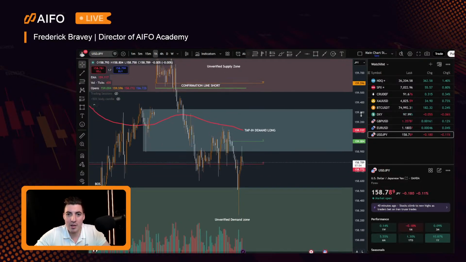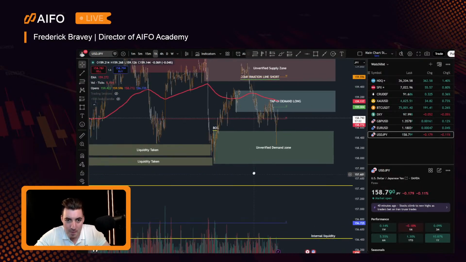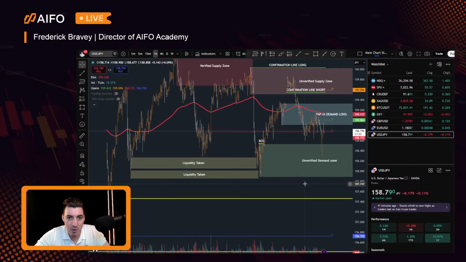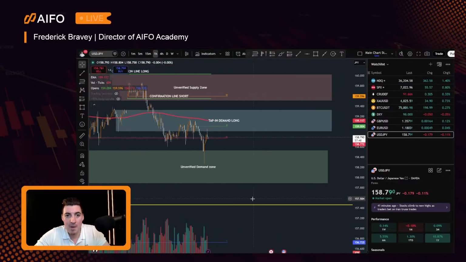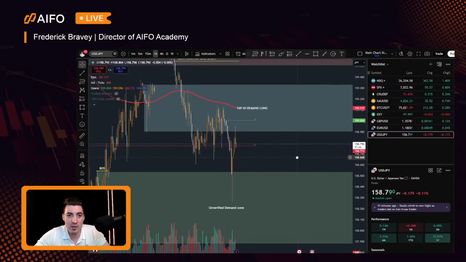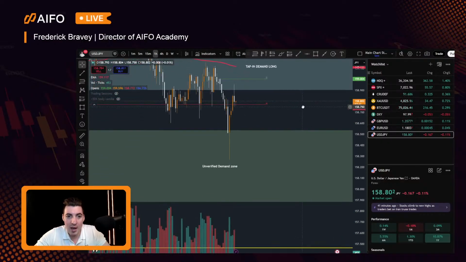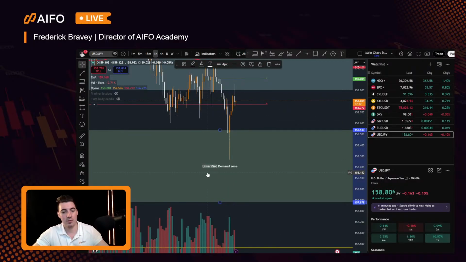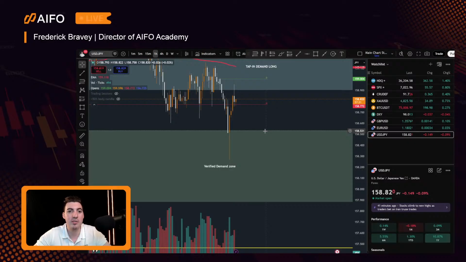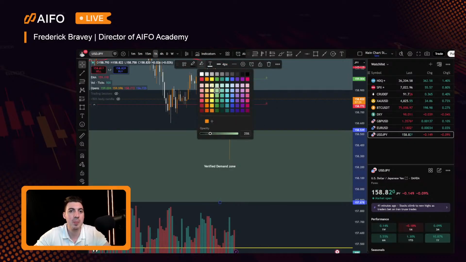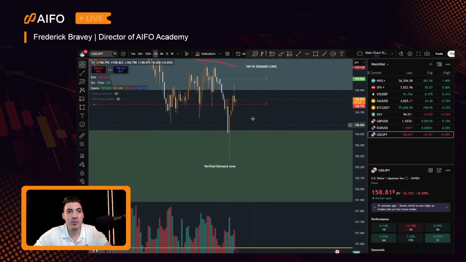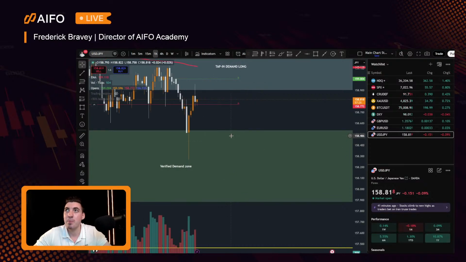USD JPY, yeah, very similar. Again, very similar type of scenario. We are seeing that this is beginning to push itself up. This is, I guess, a verified demand zone now, because we saw the price enter into this zone and we saw this beautiful rejection candle.